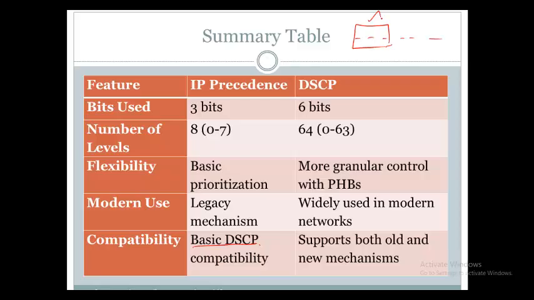If in IP precedence you have 101, what value do you get? You get 5. Here also 101, you will get 5. And this one is separately calculated. Then in DSCP it is 62. In here it is only 6. In DSCP this is more granular. So what I'm trying to say is DSCP and IP precedence are compatible.